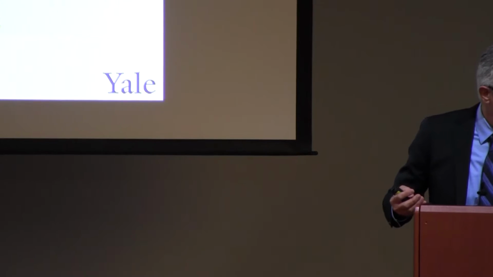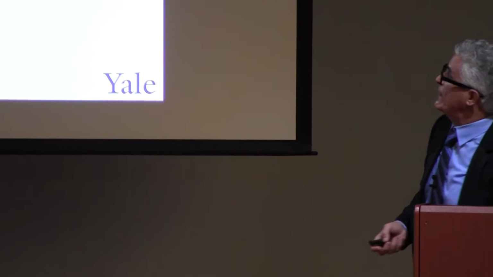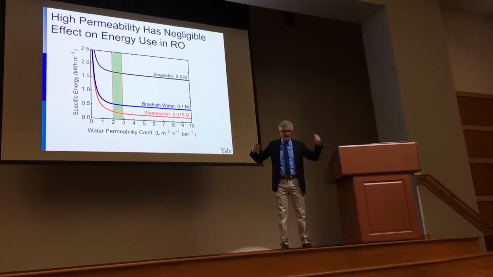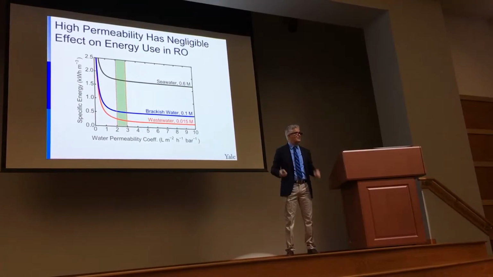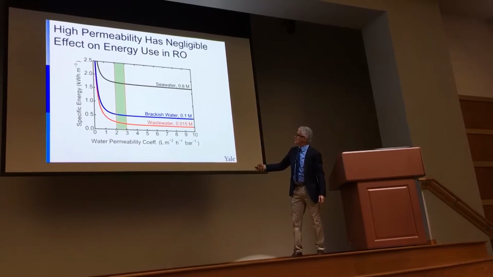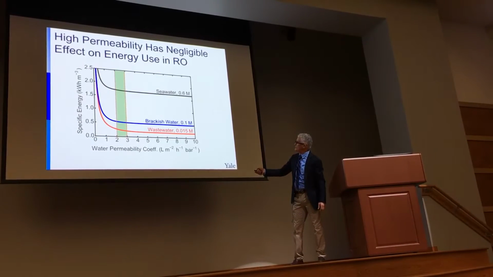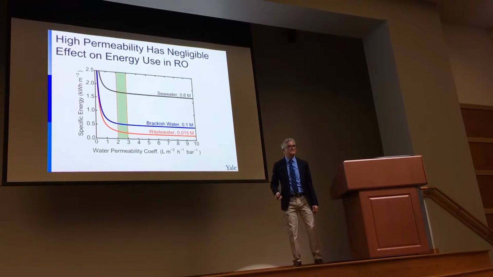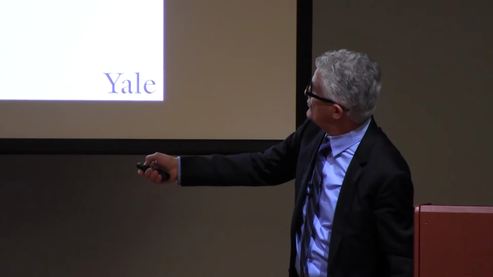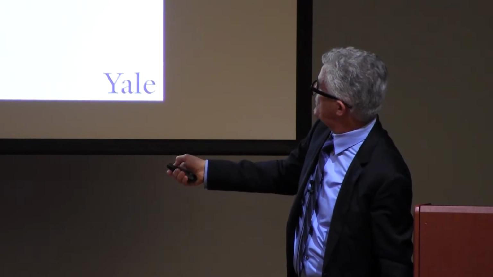This was just to explain intuitively, but we did some rigorous numerical simulation modeling of a reverse osmosis membrane with all the flow in the 6 pressure vessels, and we calculated the specific energy as a function of the water permeability coefficient of the membrane. Thin film composite membranes have a permeability between 2 and 3 LMH per bar.